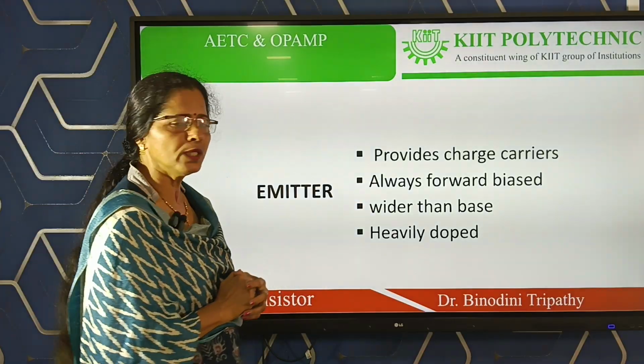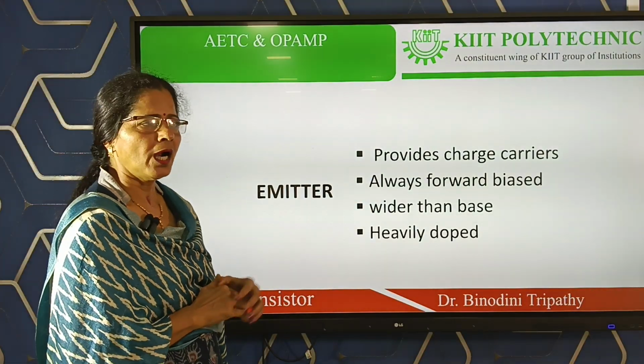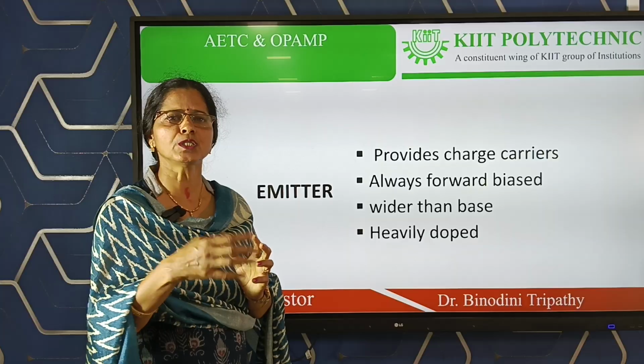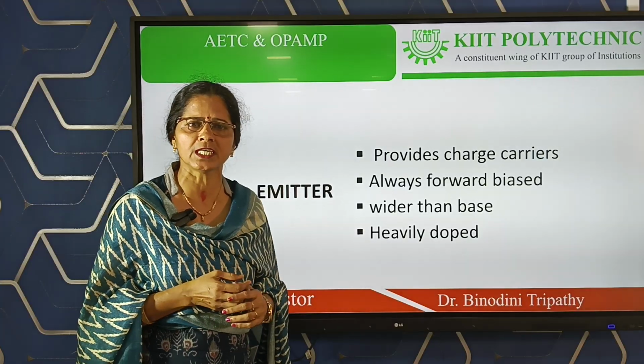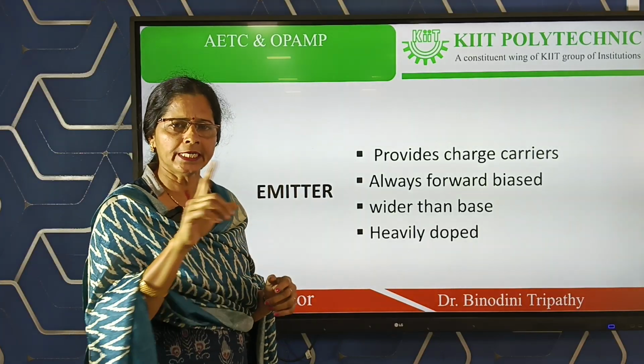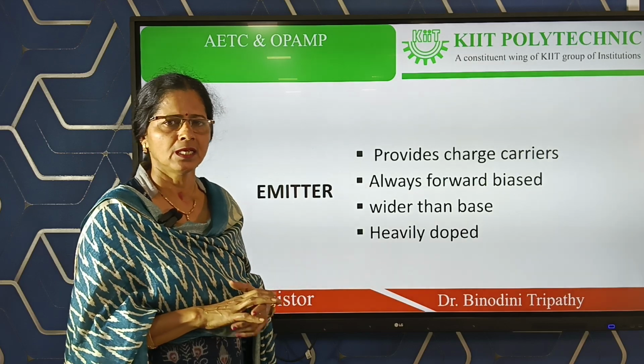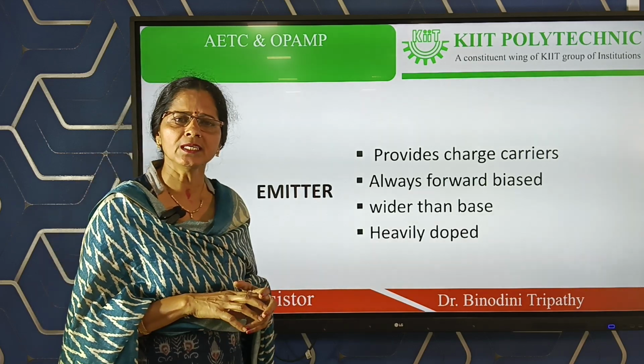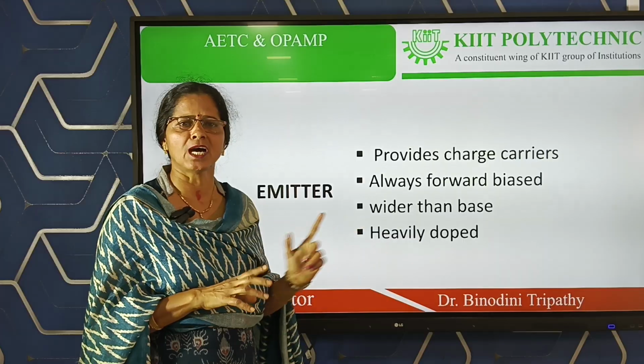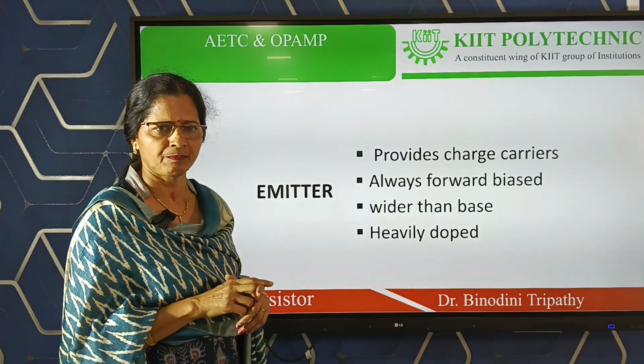It is always forward biased, and this is the main portion which provides the majority charge carriers helpful for the entire conduction of the device. So this will emit the majority charge carriers. Accordingly, its name is emitter.